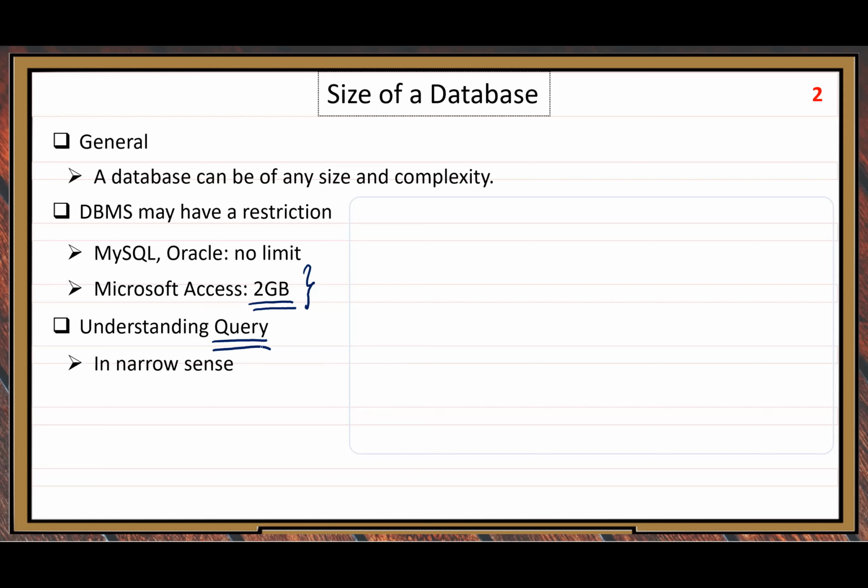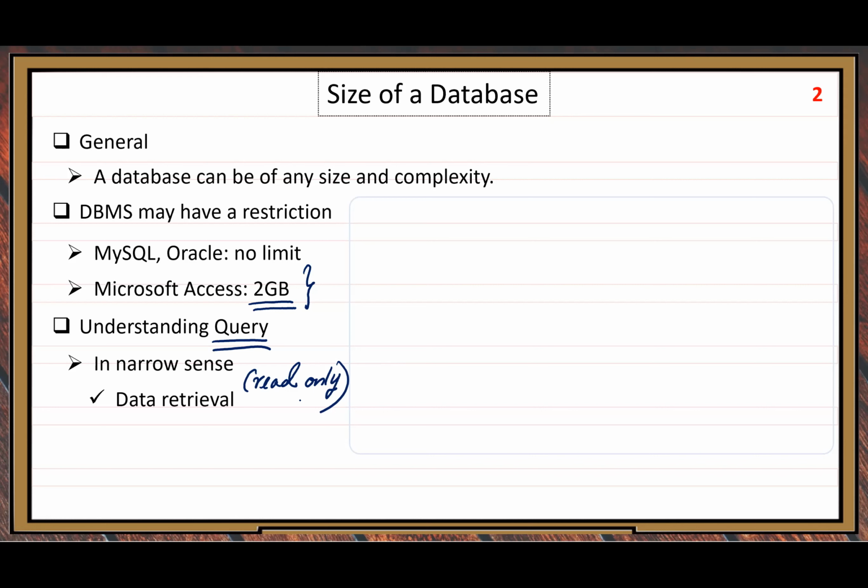The first one, in the narrow sense, refers to data retrieval. Data retrieval is the read operation, read only. We do not change the data. We just read the data.